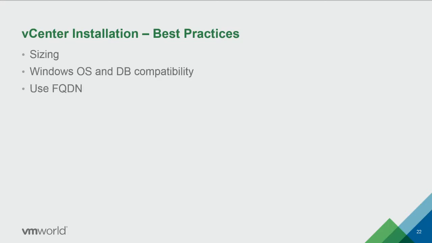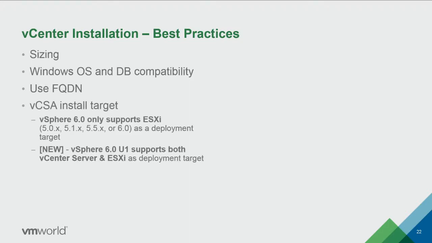You need to use fully qualified domain names. That's very important because, as I said, the install process in 6.0 requires proper DNS. So you need to make sure that you use a fully qualified DNS there. And one thing I want to point out is that in the past you might have been able to upload or import OVA files for your install.